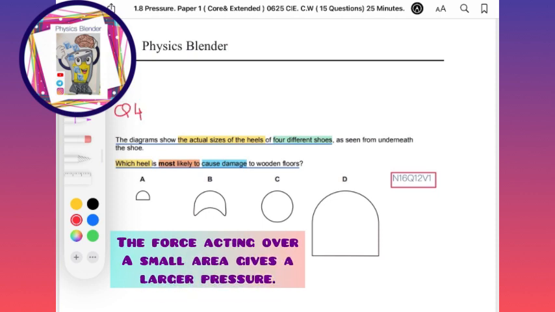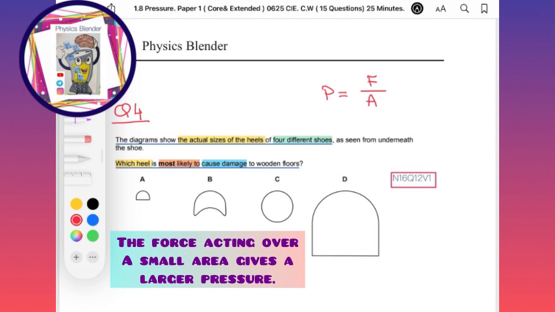Question 4, we have diagrams showing the actual sizes of heels of 4 different shoes. Which heel is most likely to cause damage to wooden floors? Back to our equation, pressure is equal to applied force divided by base area.